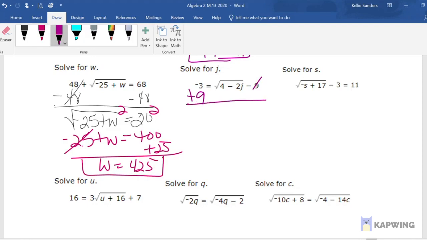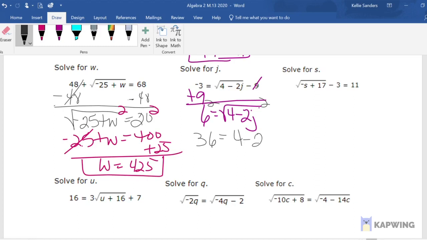Add the 9 first to get the square root by itself. Square both sides. Divide by 2, divide by 2, divide by negative 2, and you get negative 16.